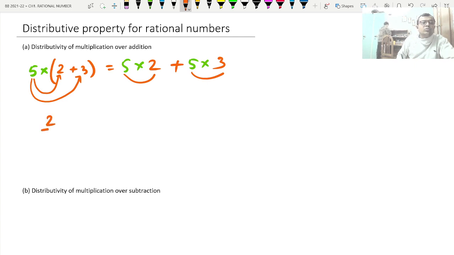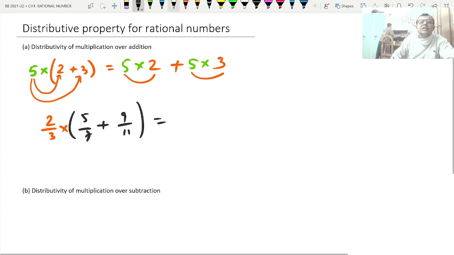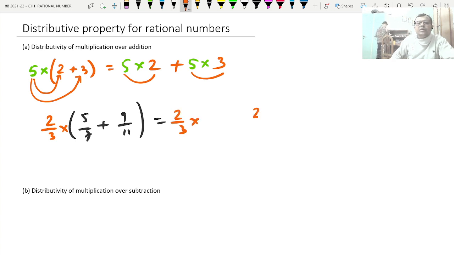Like 2 by 3 into, okay, 5 by 7 plus 9 by 11. Then this should be written as 2 by 3 distributed to both 5 by 7 and 9 by 11.